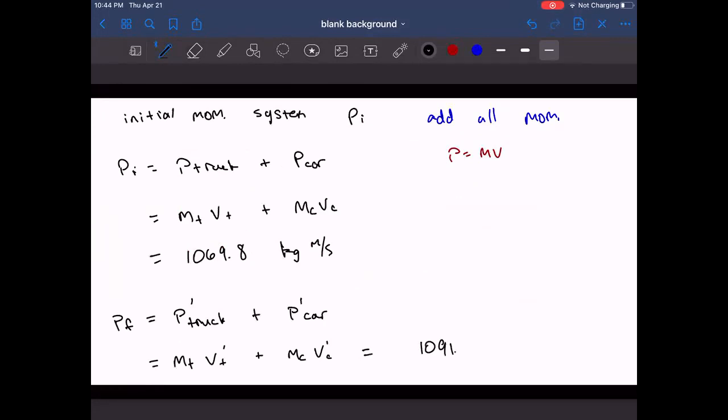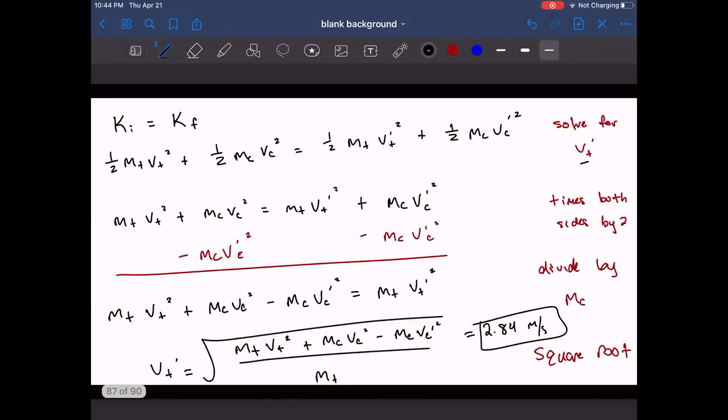In this case, the momentum is a little more. Last time it was a little less. I did round that, but it shouldn't be that far off.